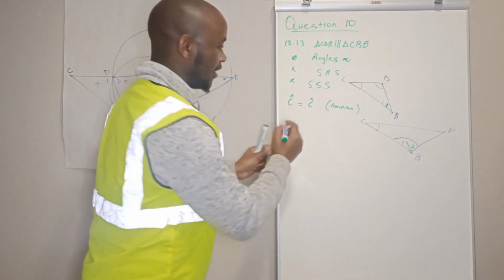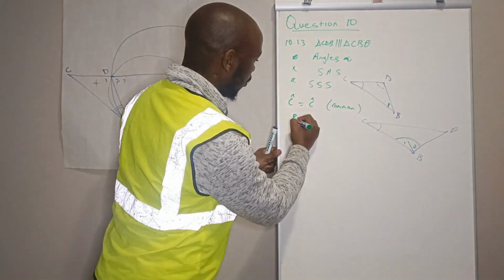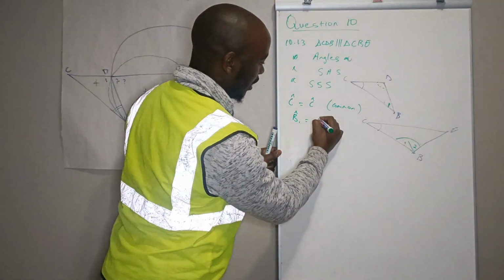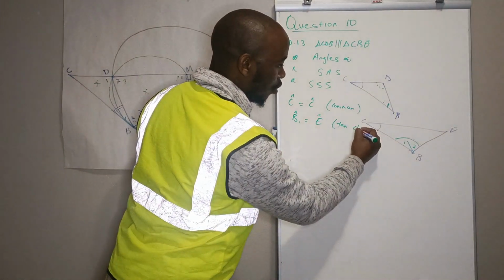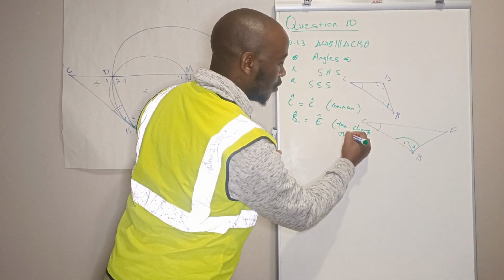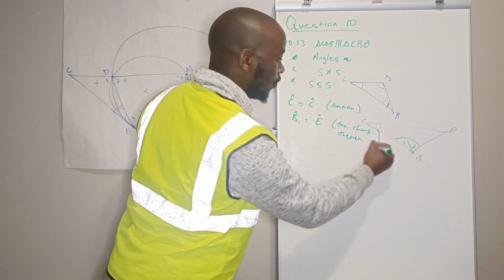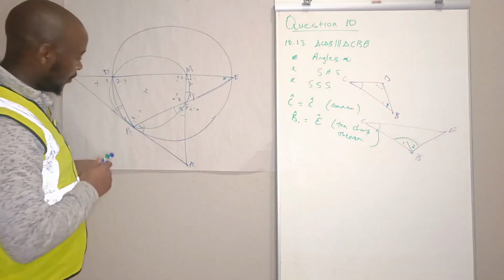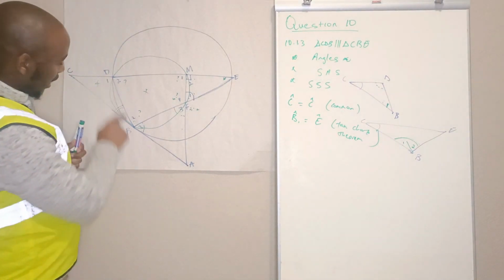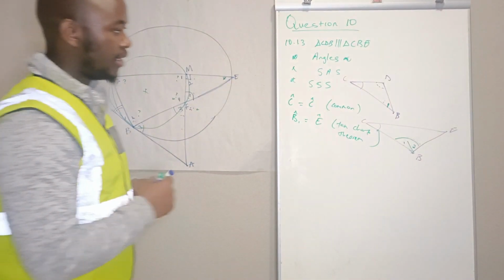So we've proven that angle B1 is equal to angle E, tan-chord theorem. So what is that tangent? You name it. Tangent is AC, and what is that chord? It is DB.